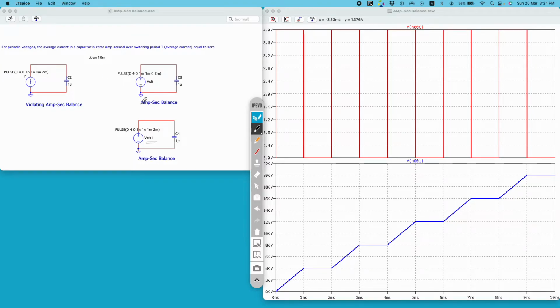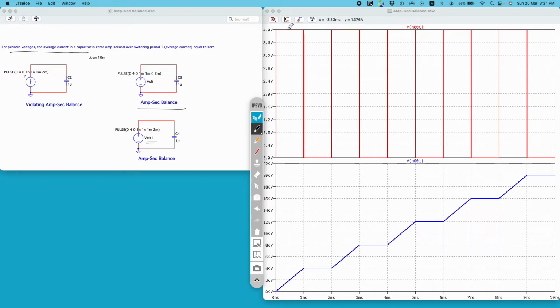As per the amp second balance statement, for a periodic voltage the average current through the capacitor should be 0. So this is following amp second balance, but still there is some issue with this circuit. Even though this is following amp second balance, it is not recommended to have such a voltage across the capacitor.